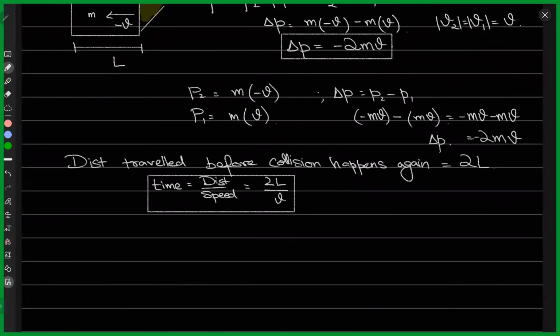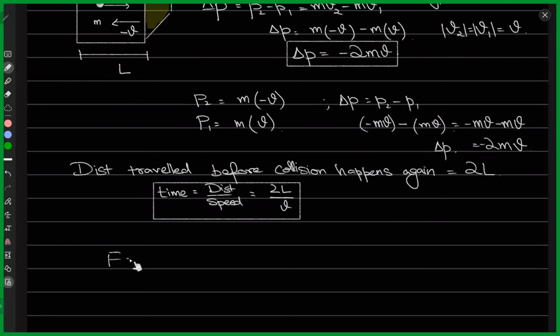So it's very simple now. All you have to do is to write down the force, change in momentum divided by the time elapsed, and that is simply minus 2mv divided by 2L by v. Right? So what does this become? This becomes m.